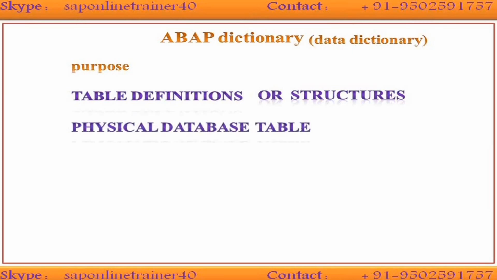Do you know the difference between structures and physical database tables? The structure is how the table is set up. The physical database table is the exact numbers or whatever you want to put in the table.